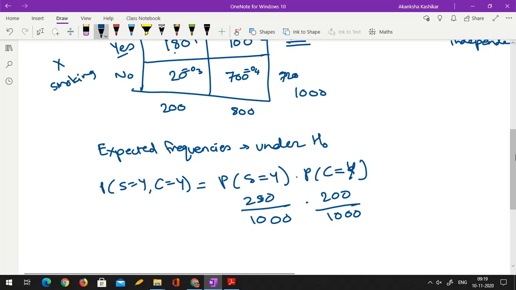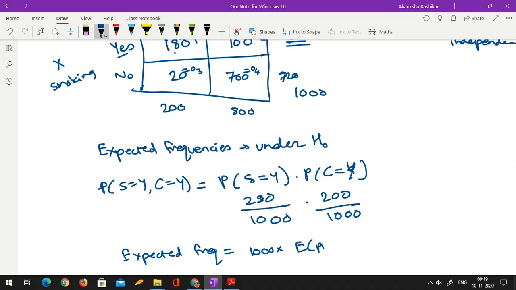So this is probability, and from probability, how do I compute expected frequency? Expected frequency for that cell would be total number of people, that is 1000, into the expected probability. So this is 1000 into 280 by 1000 into 200 by 1000.